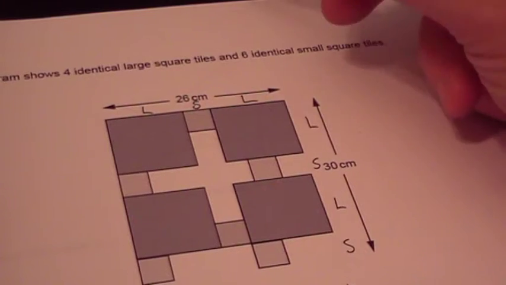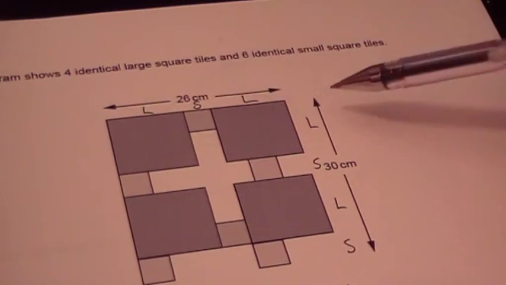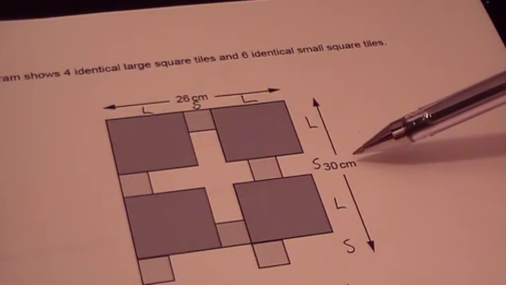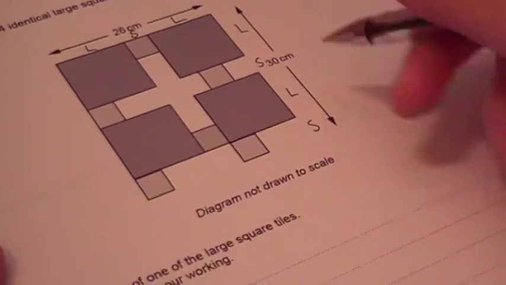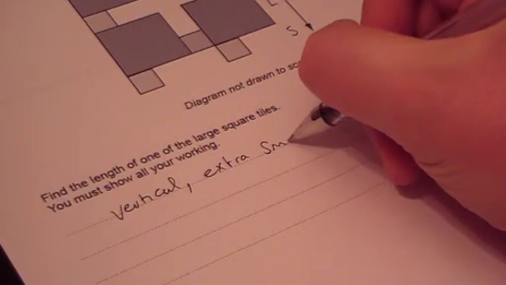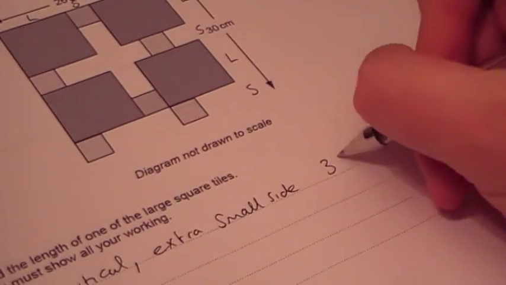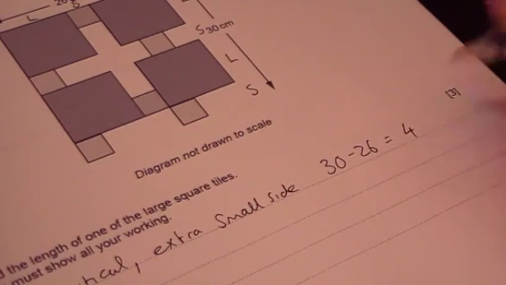If I look at a comparison on this, LSL adds up to 26, LSLS adds up to 30. Basically, on the vertical, you've got an extra small side, and the difference between the 30 and the 26 is 4.